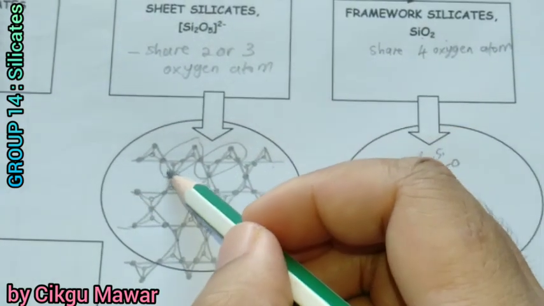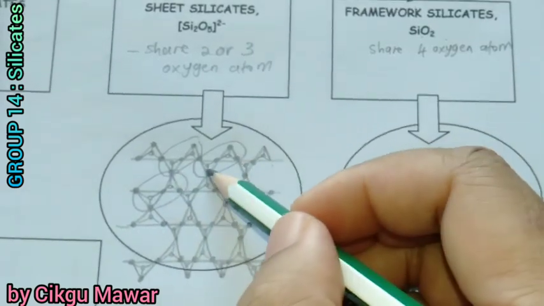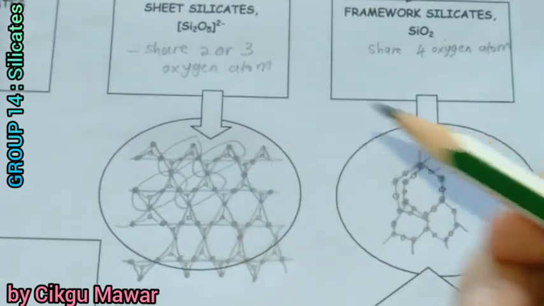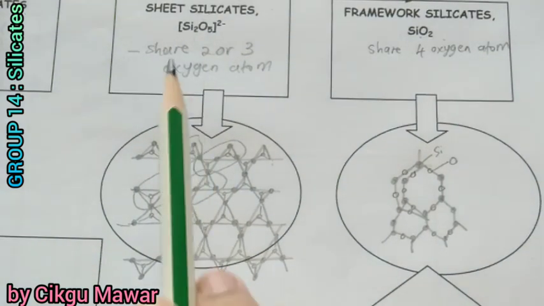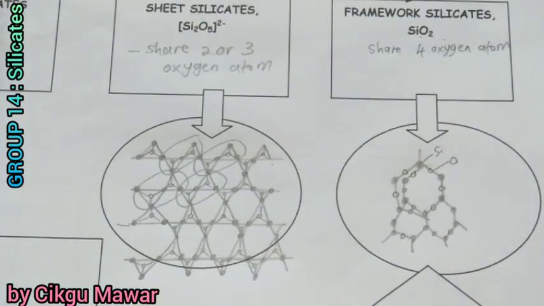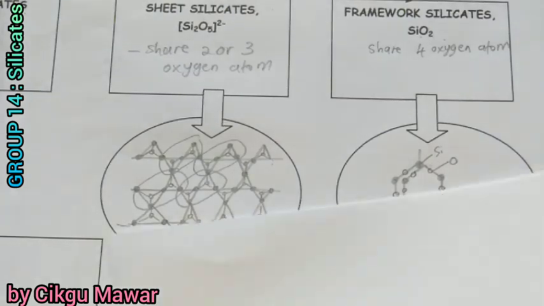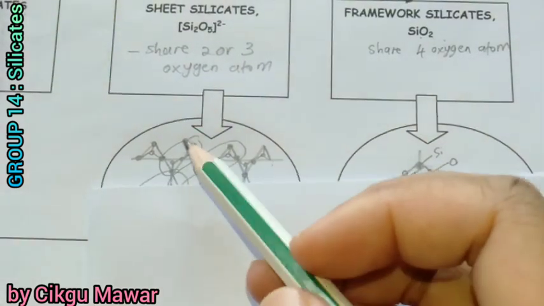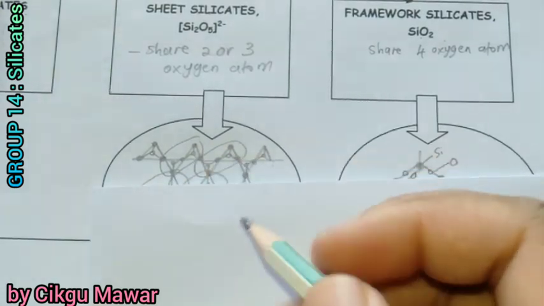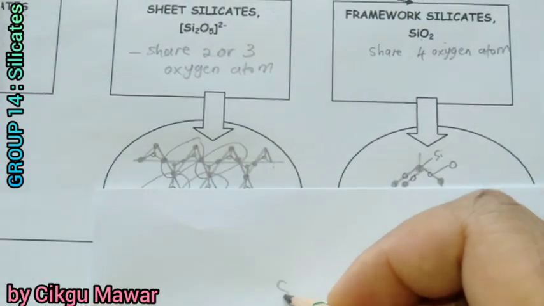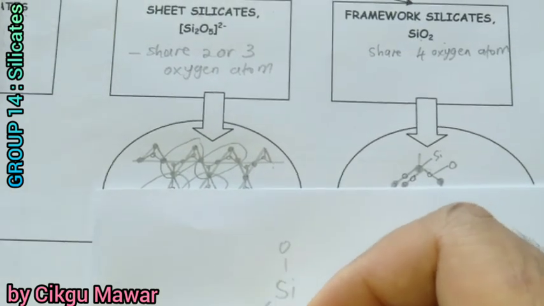You have one below here like this. This is the repeating unit. So this is the basic structure unit for sheet silicate. Or we can draw it: I pick one basic unit. So we have Si here, O, and then O.